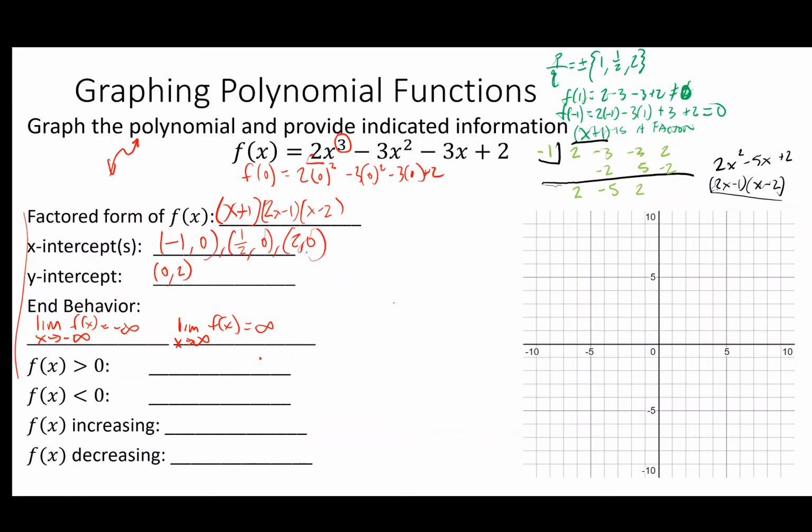There's a 0 right there, there's a 0 right there, and there's a 0 right there. We also know that there's a y-intercept at 0 comma 2, so right there. Now we have everything we really need here, but we don't have the precise locations of those turning points. What we can do is look at a calculator in order to figure that part out.